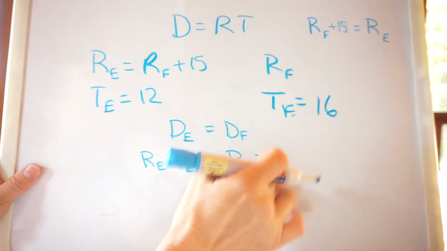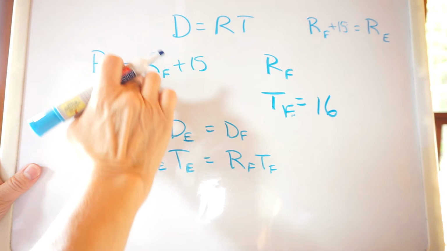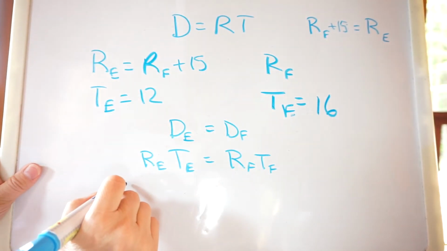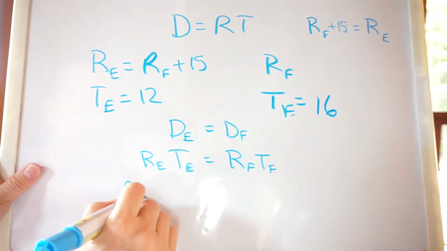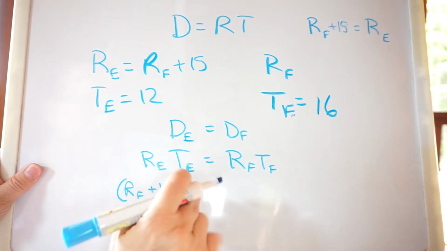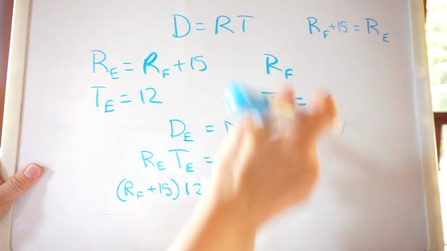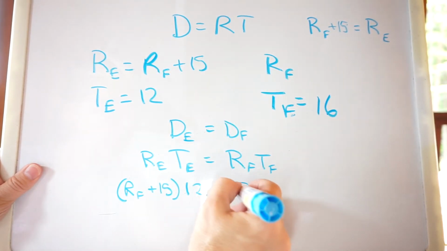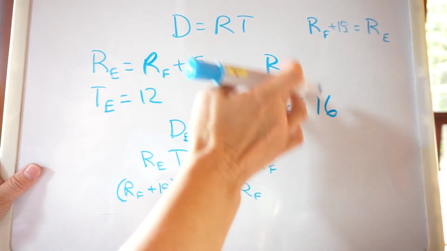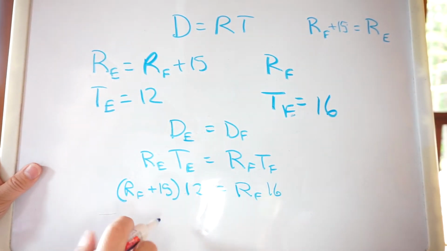Now I'm going to substitute for RE using this expression. So I have RF plus 15 times the time, which is 12, equal to RF, which we leave as RF because we can't substitute it, times 16.